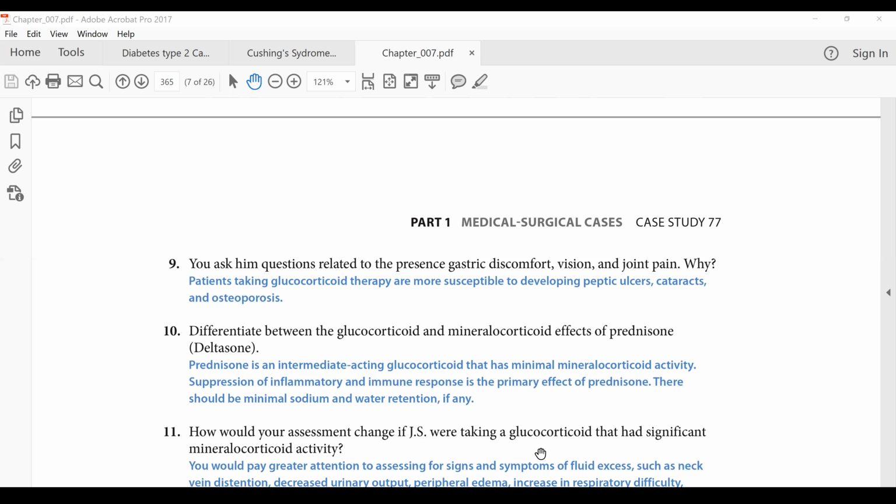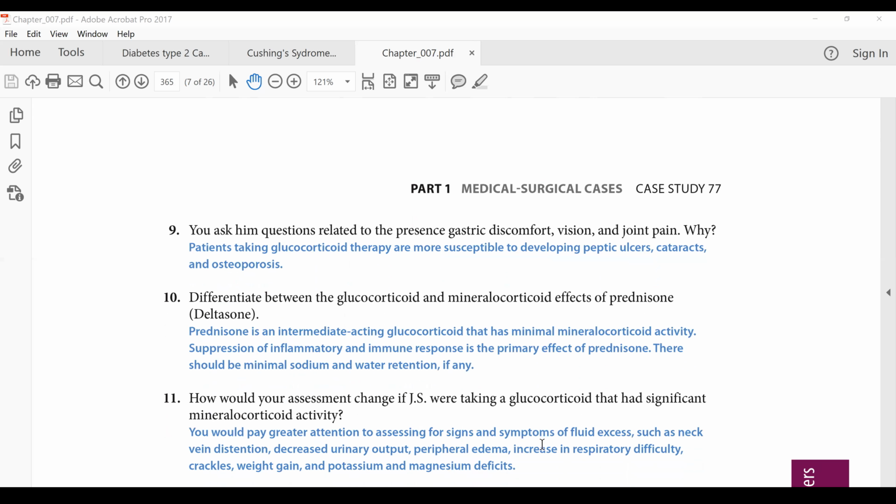So, the signs and symptoms. If you're taking a glucocorticoid that had significant mineralocorticoid activity, remember the mineralocorticoid causes sodium retention. So you would pay greater attention to assessing for signs and symptoms of excess fluid: neck vein distension, decreased urinary output, peripheral edema, respiratory difficulty, crackles, weight gain, and potassium and magnesium deficits.